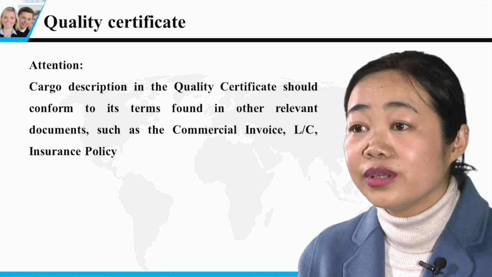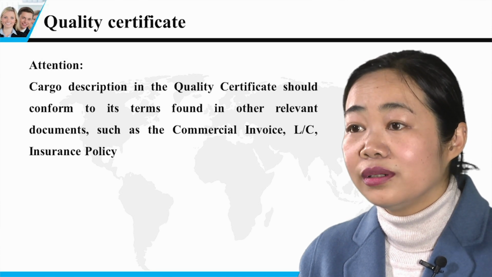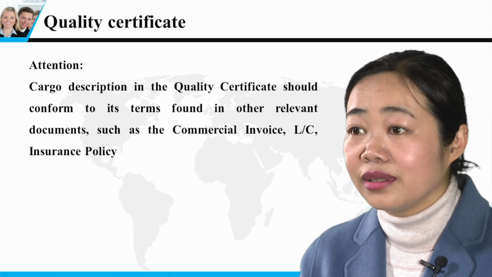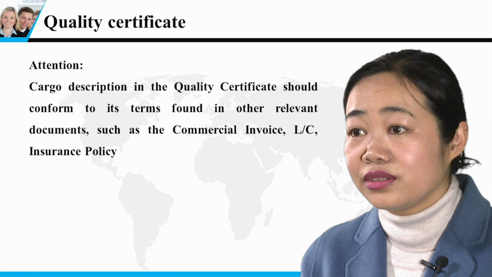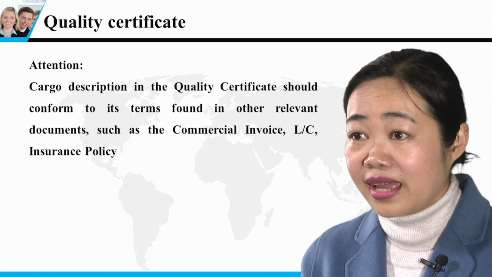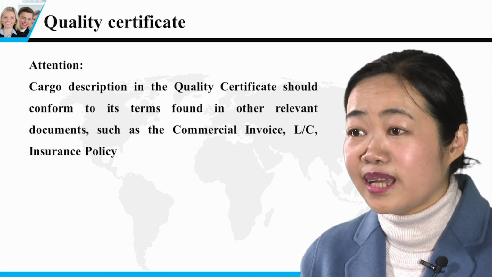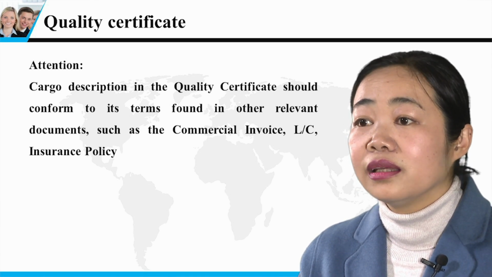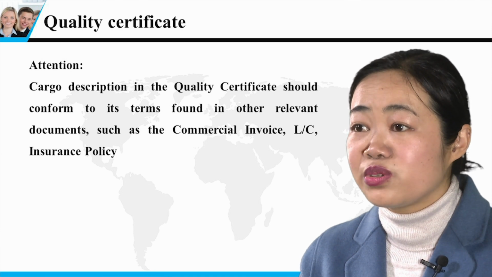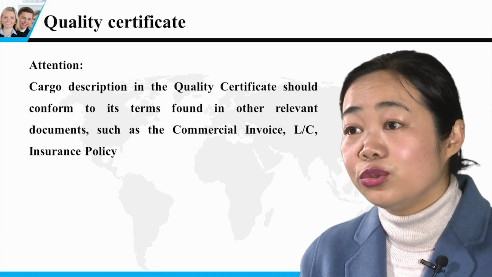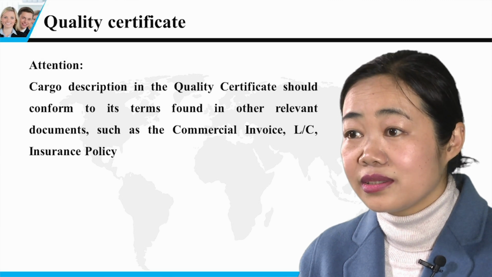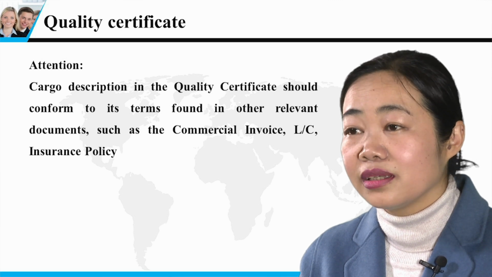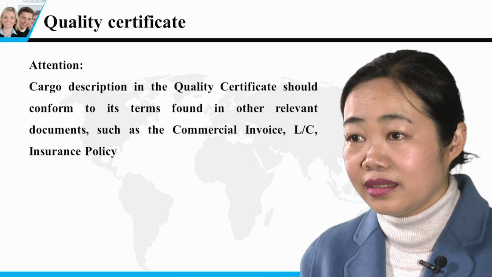It may be issued by the exporter or a relevant government department as required under letter of credit or sales contract items. It is essential that the cargo description in the quality certificate conforms to its items found in other relevant documents, such as the commercial invoice, letter of credit, insurance policy.